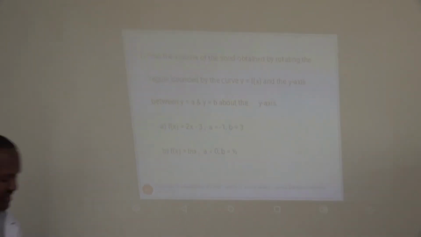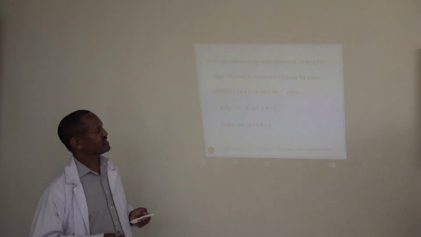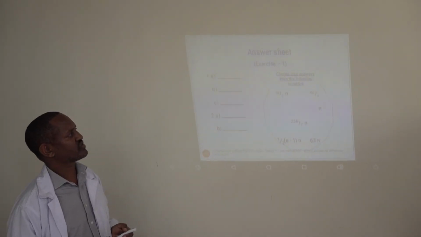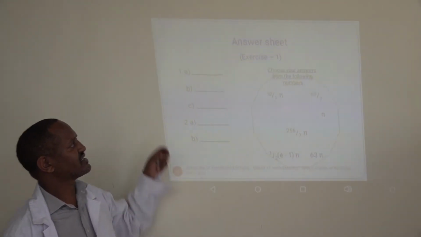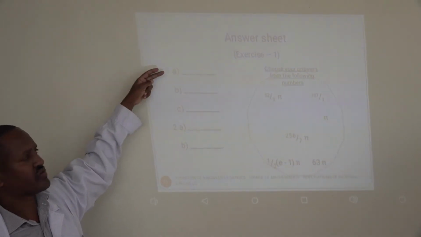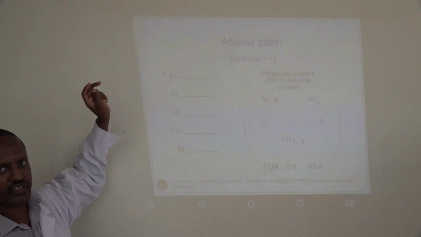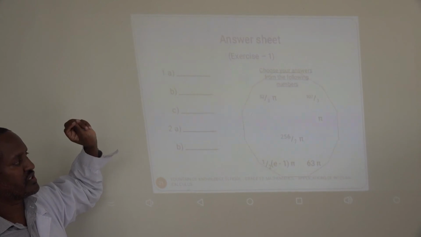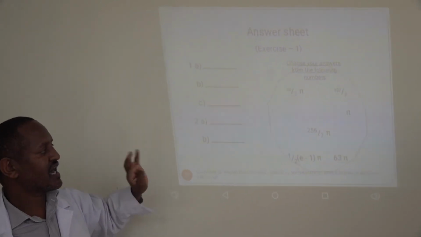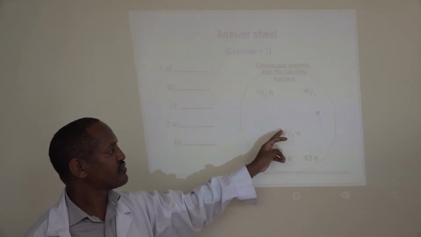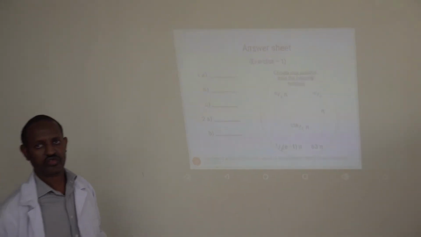So try these questions, and after solving them, you are expected to write your answers in these answer sheets. For question number 1, I have given you 3 spaces. For question number 2, 3 spaces. And your answers are any of these numbers that I have given you in the box.